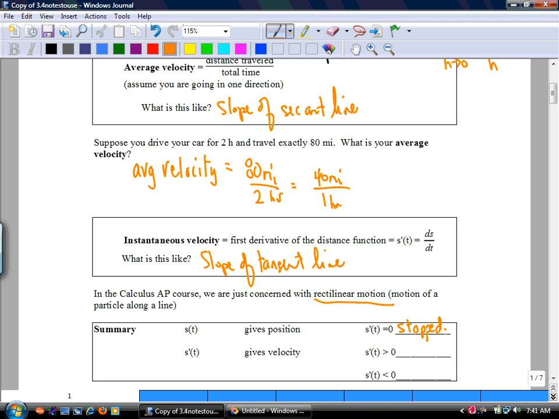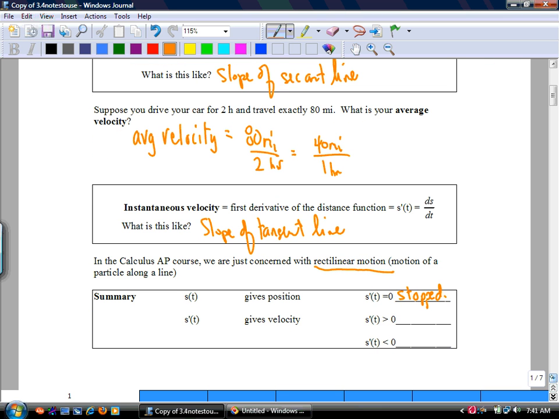s prime of t is bigger than 0. Moving, okay, you better define what forward means on a number line. Moving in the positive direction. We tend to say moving to the right here, because left and right. Okay, so moving in a positive direction, moving to the right. Up if we were going to allow our number line to be up and down, sure.